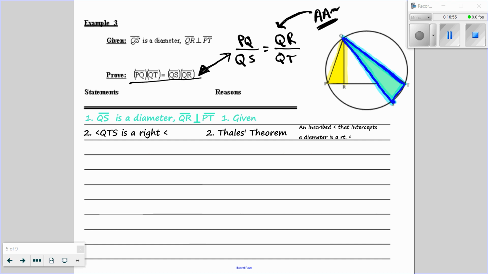Thales' theorem. Thales' theorem says an inscribed angle that intercepts a diameter is a right angle. Mathematically, the inscribed angle here is half the intercepted arc, so it's half of 180, so it's 90 degrees, so it's a right angle. All of that can be summarized in Thales' theorem. Easy rule to write. All right, so there's one of our right angles. Why don't we go ahead and take care of the other right angle? Perpendicular lines form right angles.